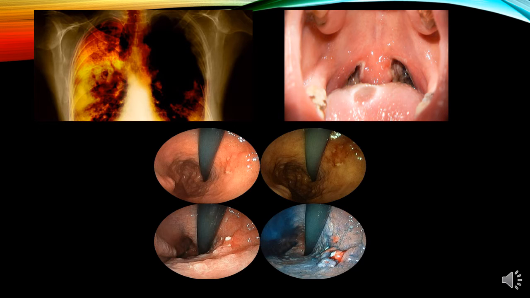Here we have pictures of the different types of cancer. The first is lung. The second photo is throat. You can see some black at the very back. And the bottom photo is the different stages of stomach cancer.